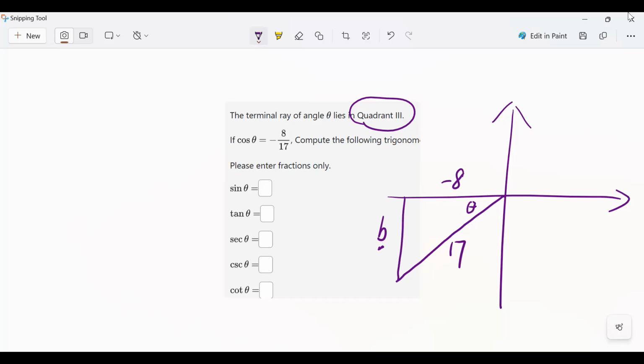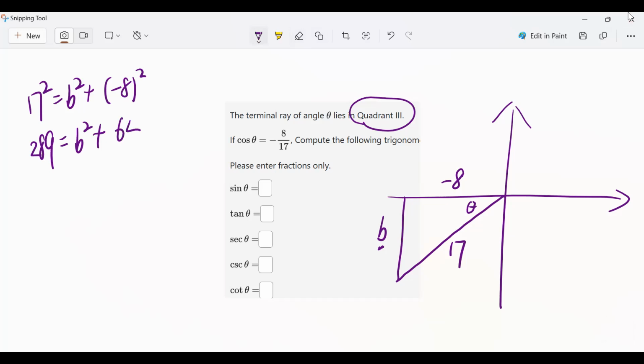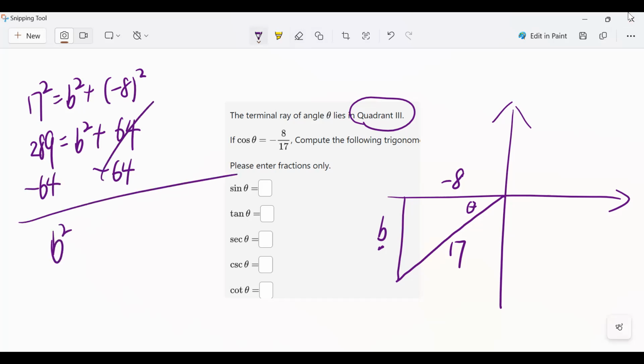Let's use the Pythagorean theorem to get the value of b. So it's going to be 17 squared equal to b squared plus a squared. 17 squared is 289. That's what we're looking at there. a squared is 64. Subtract 64 from both sides of the equation. Then b squared equals 225.